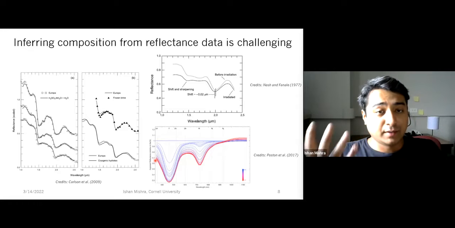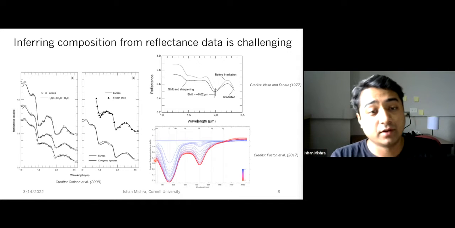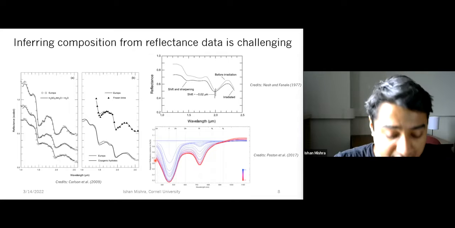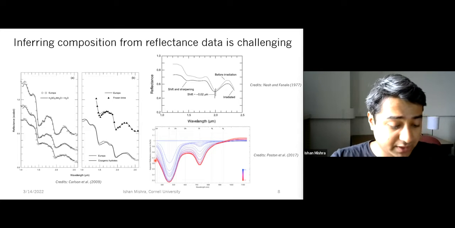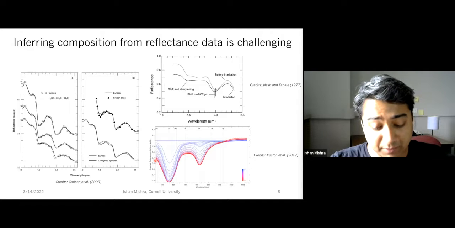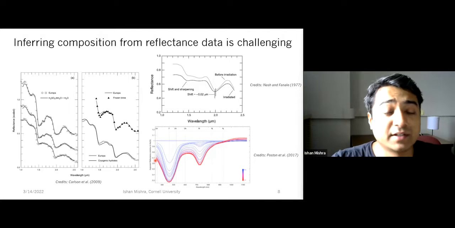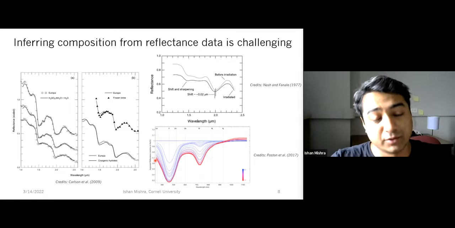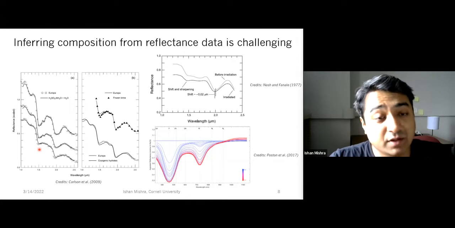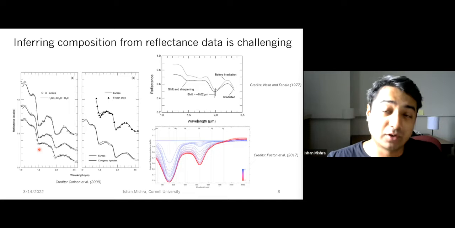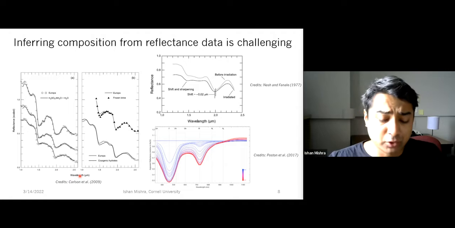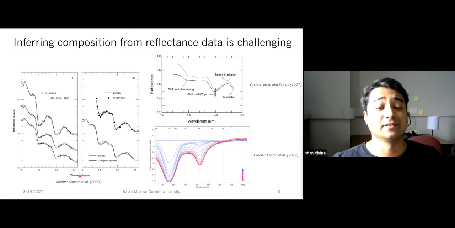So you do see prominent features, and we have a good idea of the bulk composition of Europa's surface, but it gets complicated due to various factors. Firstly, the wavelength region where most of our good quality data exists is 1 to 2.5 microns, because beyond 2.5 microns, water ice's inherent reflectance is low.